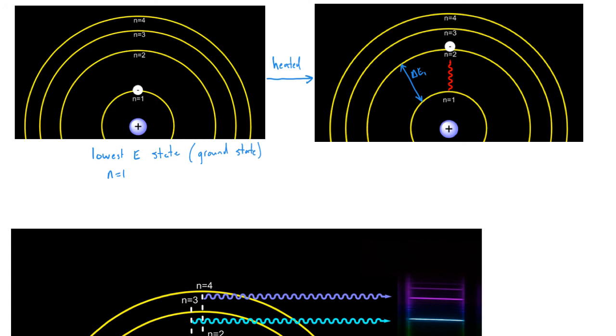But if it absorbs a different amount of energy, say we'll call this delta E2, it would go to n is equal to 3 instead, and so on. So that's this process of the electron being promoted from a lower potential state to a higher potential energy state. This is called absorption.